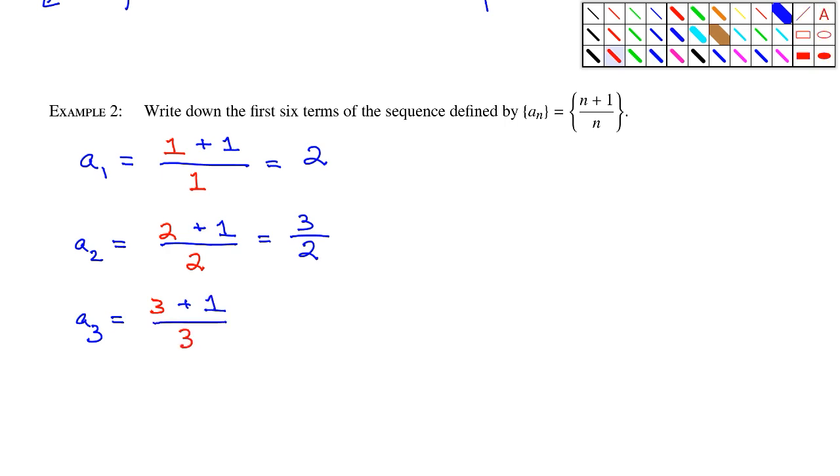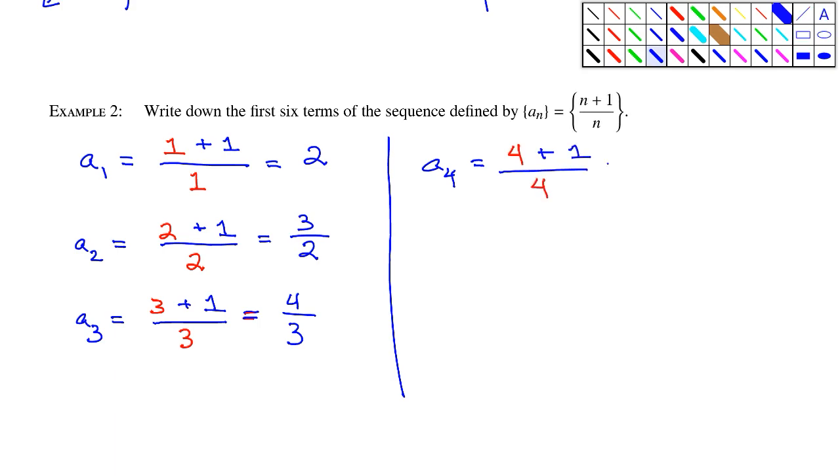We're just replacing the n's with their appropriate number here. So that's going to be 4 over 3. A sub 4 is going to be equal to 4 plus 1 over 4, which is equal to 5 over 4.